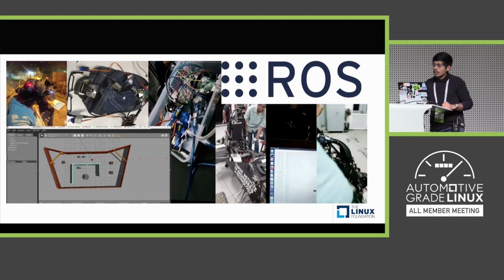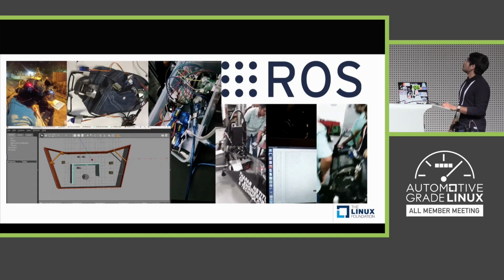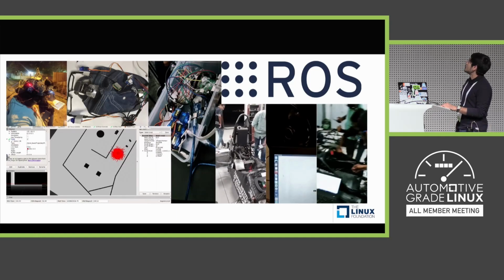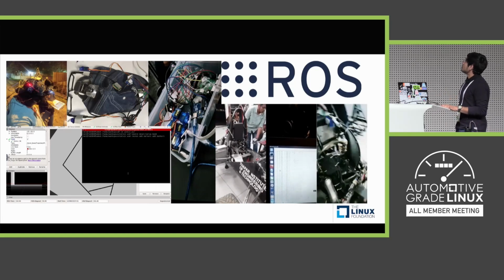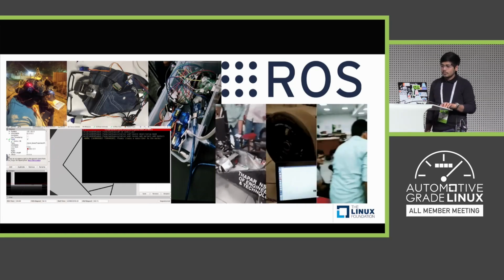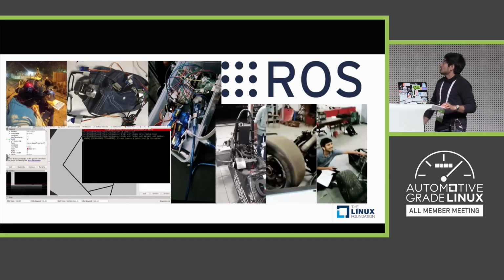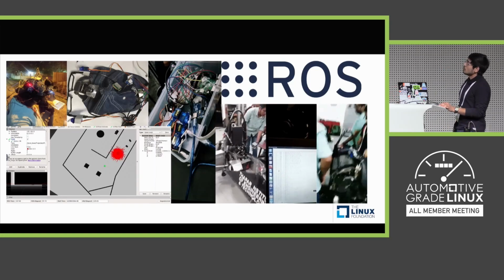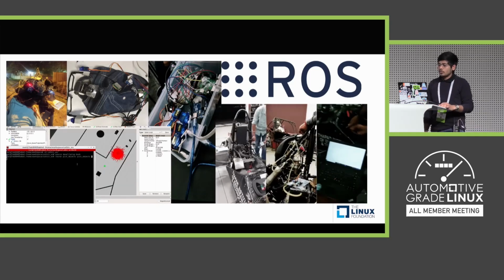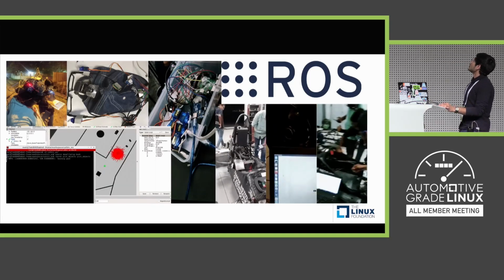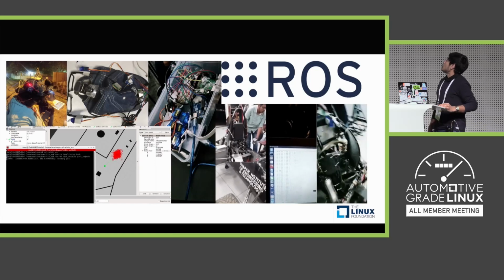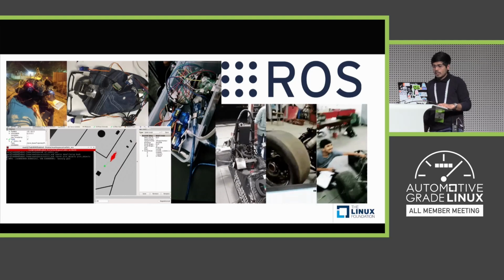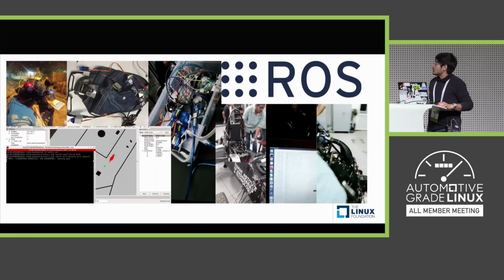This is a collection of a few images which basically shows all the things that I've done up to now, what interests me. It's mostly a collection of hardware devices, wires, a lot of wires. You could see ROS right there, which is a software system for robotics applications. You could see some simulation running there.